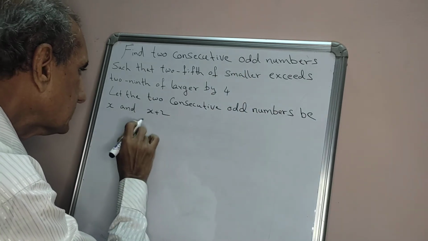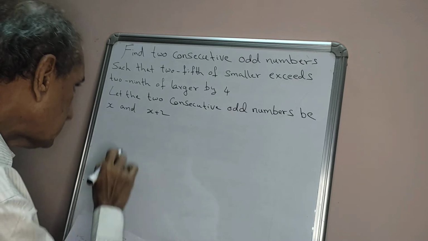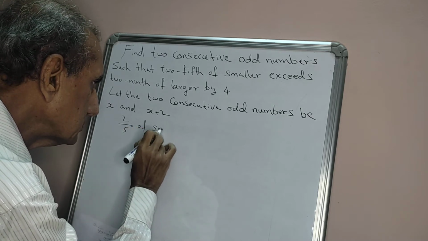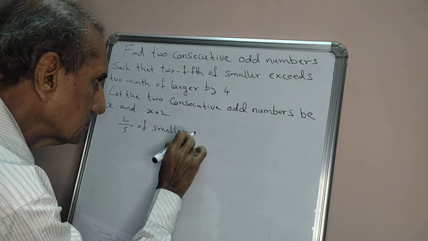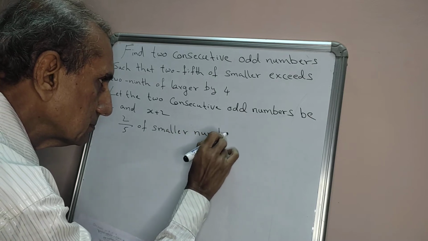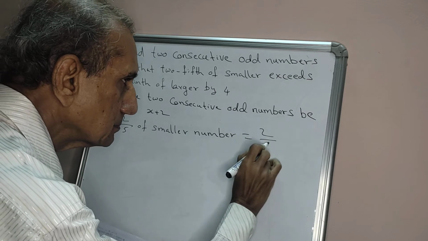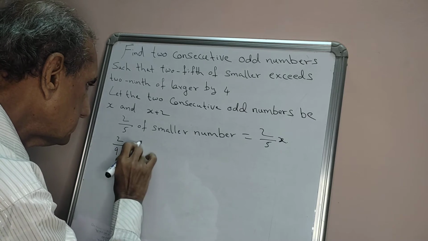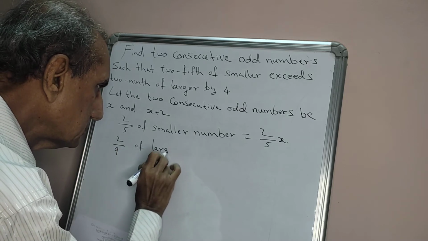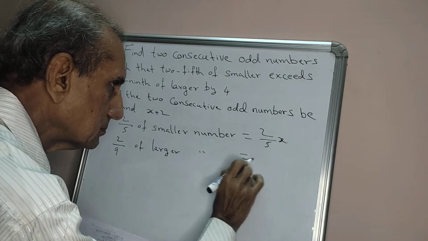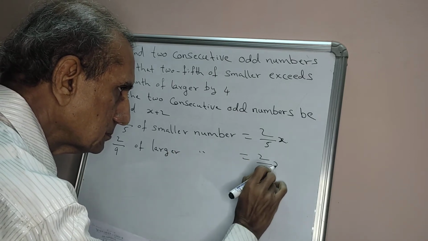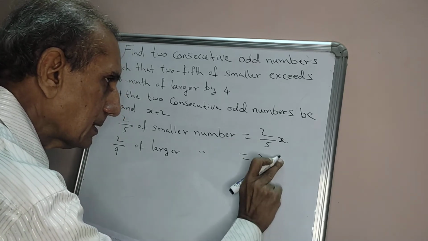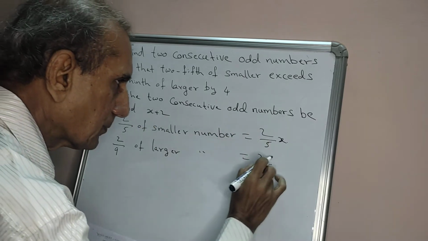So 2/5 of x. Now, if I subtract these, the larger number is x plus 2.